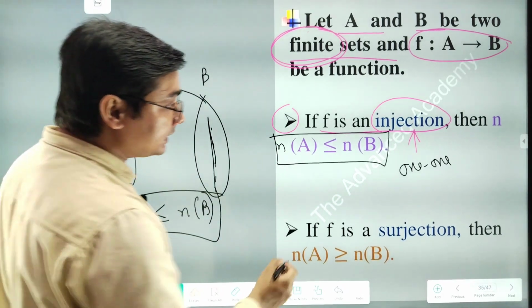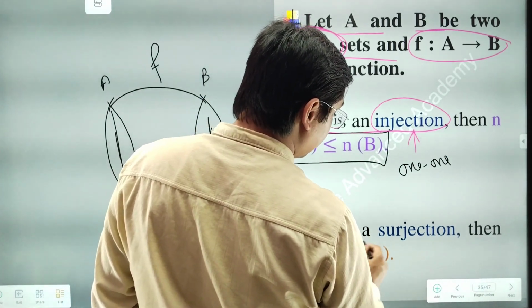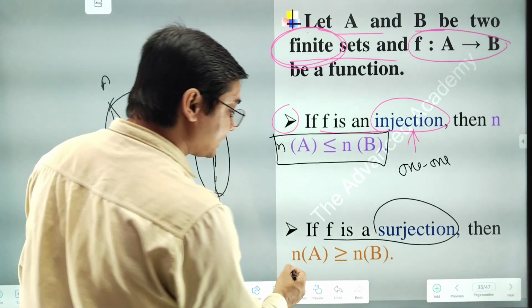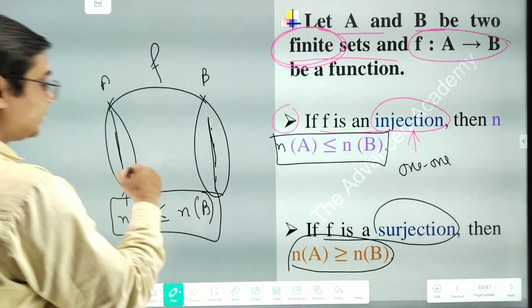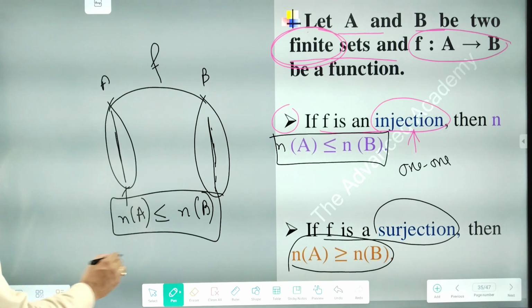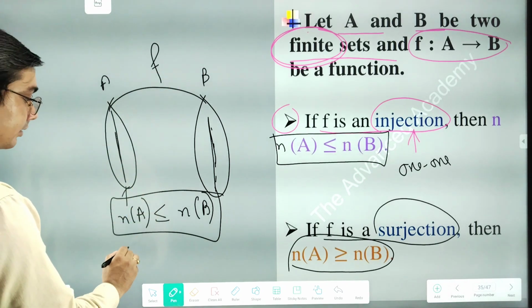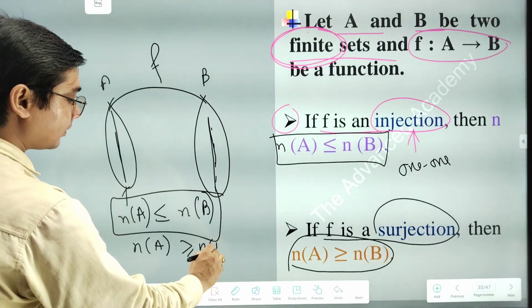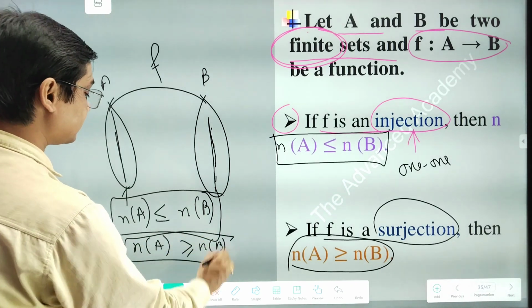But if f is surjective, or a surjection, then what happens, guys? N of A is greater than or equal to N of B. You just have to remember this one.